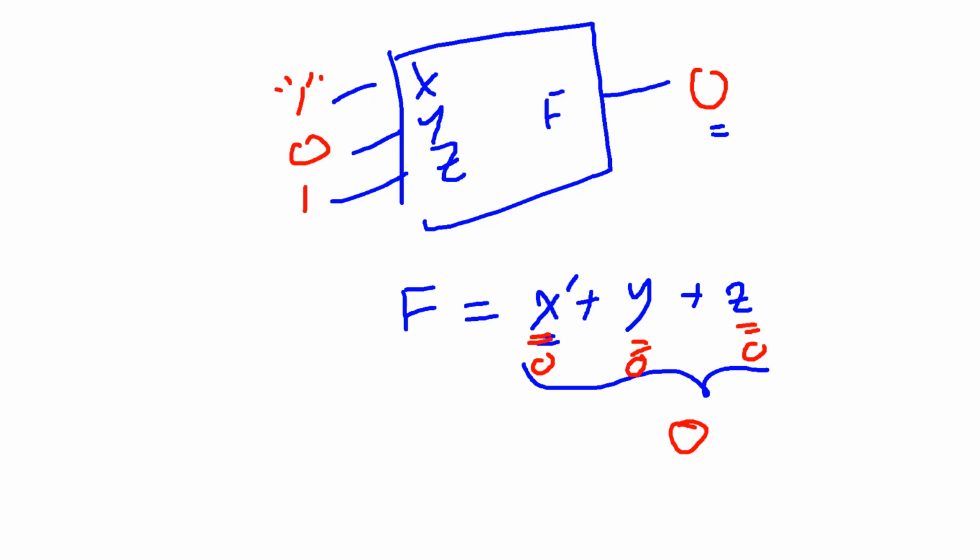Y is 0 already. Z is 1, so you must invert Z also. So your expression is x prime plus y plus z prime, which will be 0 only in one case, when x is 1, y is 0, and z is 1. Very easy, right? So this is a max term.